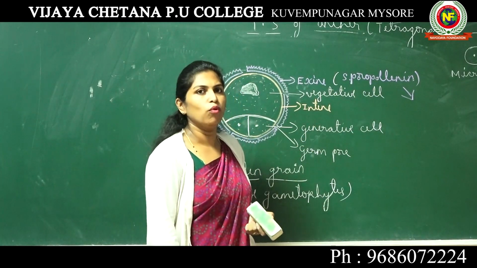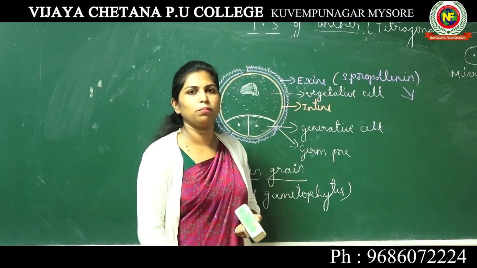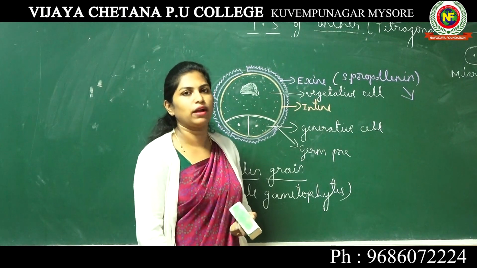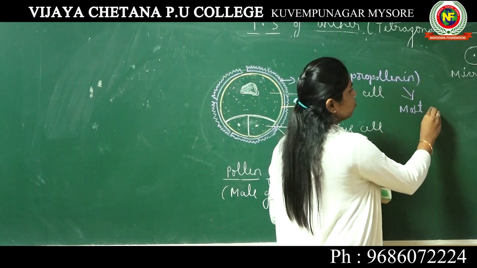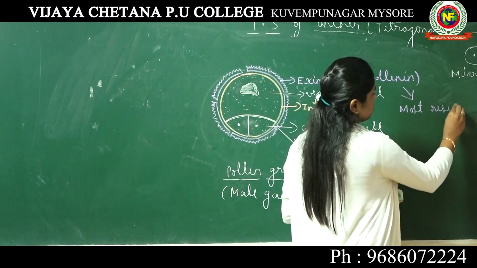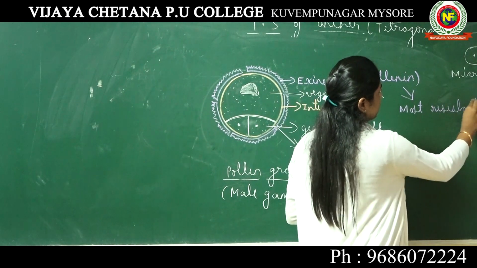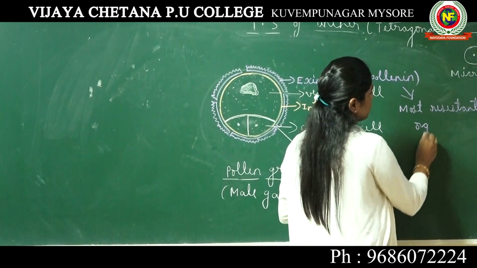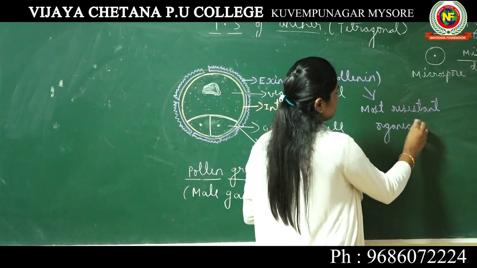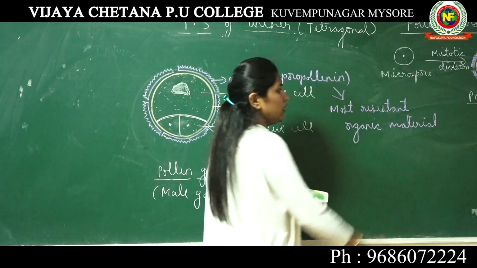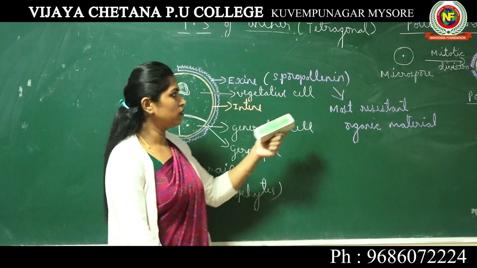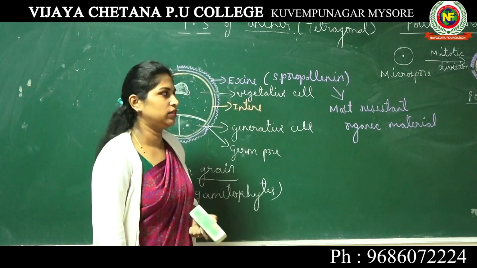Sporopollenin is the most resistant organic material that you will find on the surface of earth.